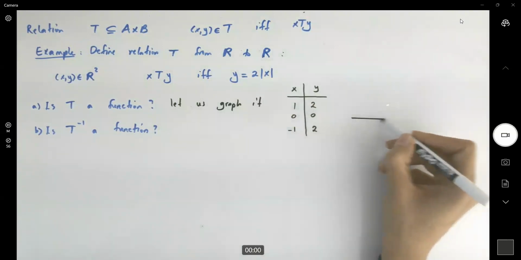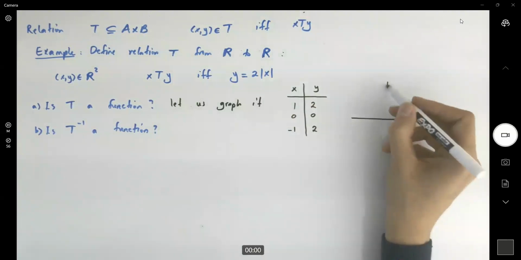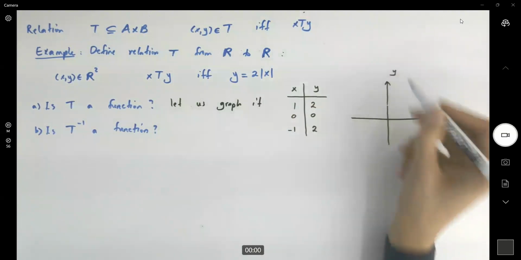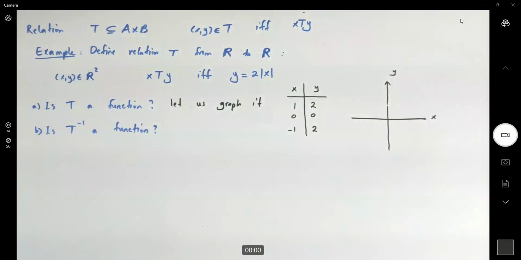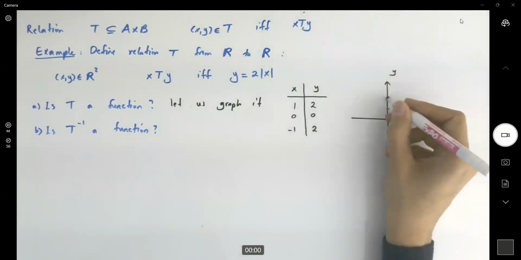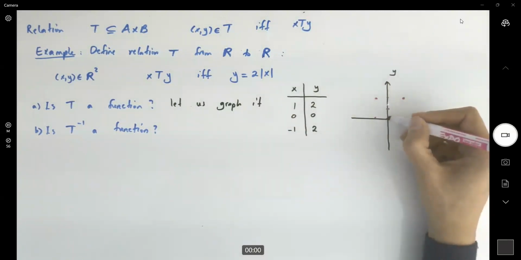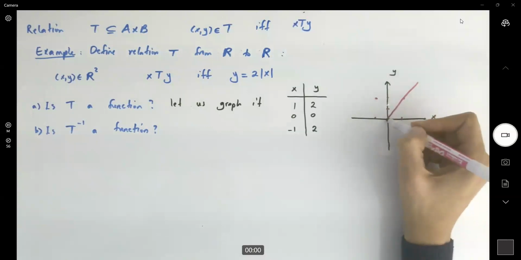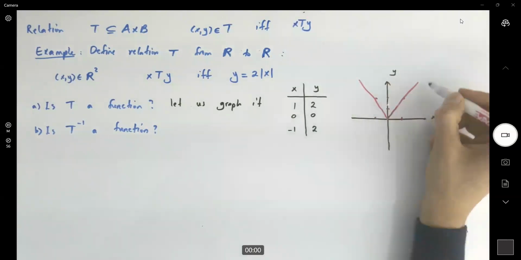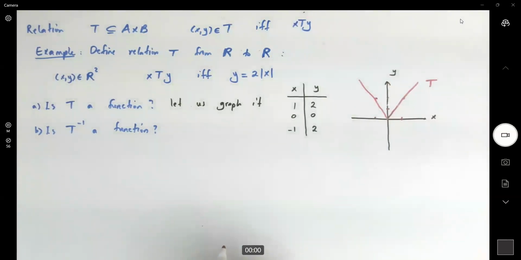Remember the graph, x-axis, and then you have the y-axis. It behaves like this. 1 and 2, -1 and 2, 0 and 0. So this is your relation T. This is my relation T, which is obviously a function.